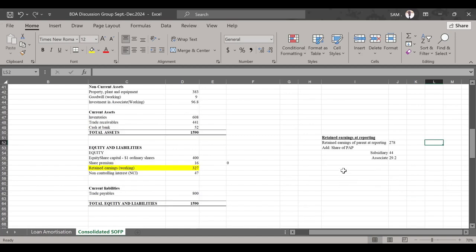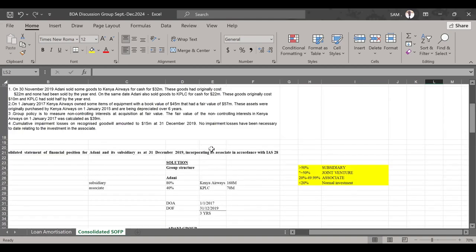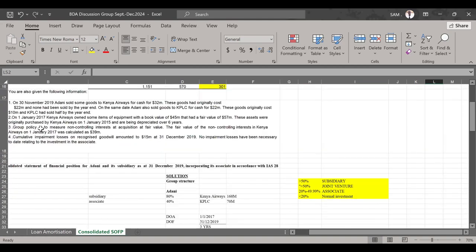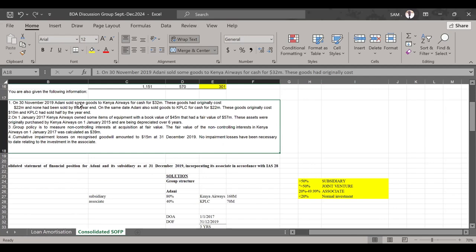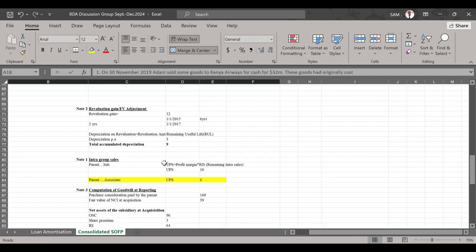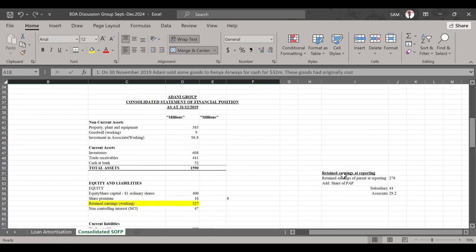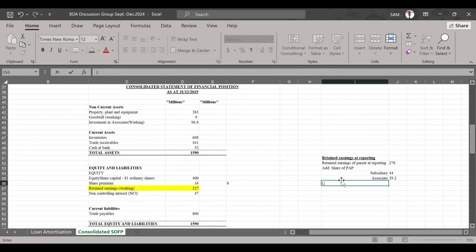Now, what other activity will affect retained earnings at reporting? Remember, the parent sold some goods to the subsidiary, and it also sold to the associate. We already did all the calculations down here. We do not even have to worry. We are just transferring figures. If the parent sold to the subsidiary, you cannot sell to yourself.